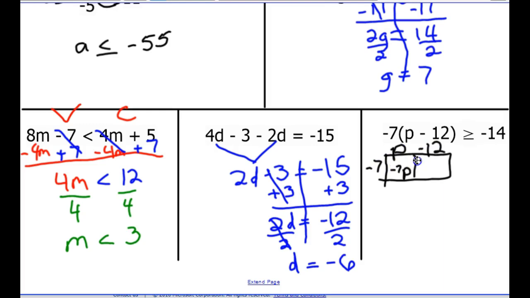Negative 7 times negative 12 is 84, positive 84. These two negatives make a positive, which is greater than or equal to negative 14. So we have negative 7p plus 84 is greater than or equal to negative 14. So we're going to subtract 84 from both sides because it's a positive.